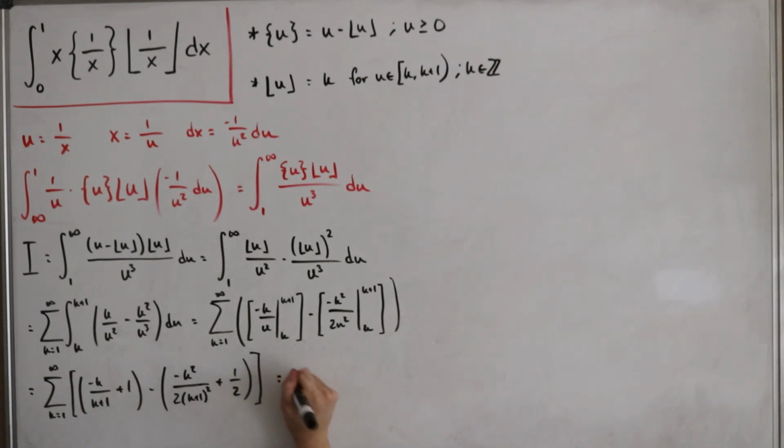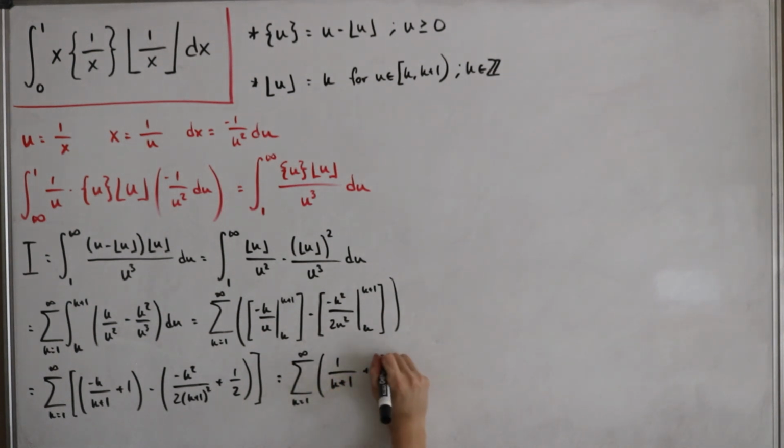After doing so, we're left with the infinite sum from k equals 1 of 1 divided by k plus 1, add this with k squared divided by 2 times k plus 1 quantity squared, and then minus 1/2. This stays the same, and afterwards we just distribute the negative into everything.